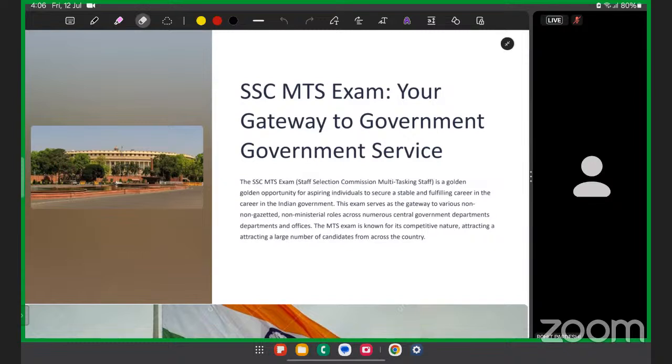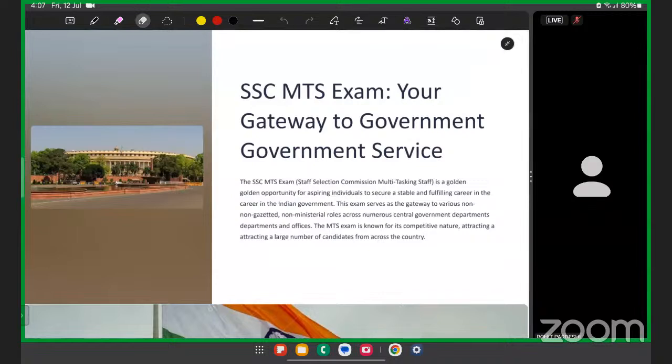The auditor will be doing the auditing work related to various departments, while the data required for the auditing will be provided by the MTS. So MTS is also a very crucial job.